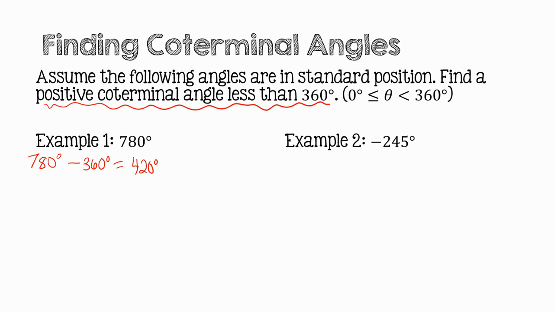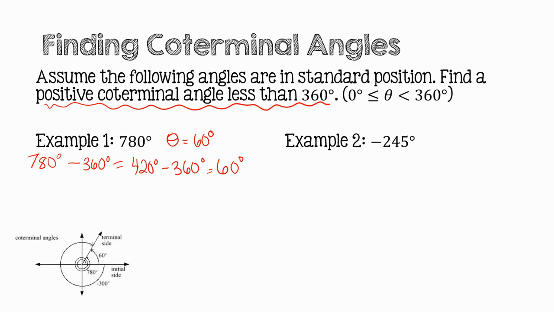So that's where this multiple comes in, so you can subtract again 360, and now we get 60 degrees. This is the coterminal angle. It does not have to be acute, it just has to be between 0 and 360.